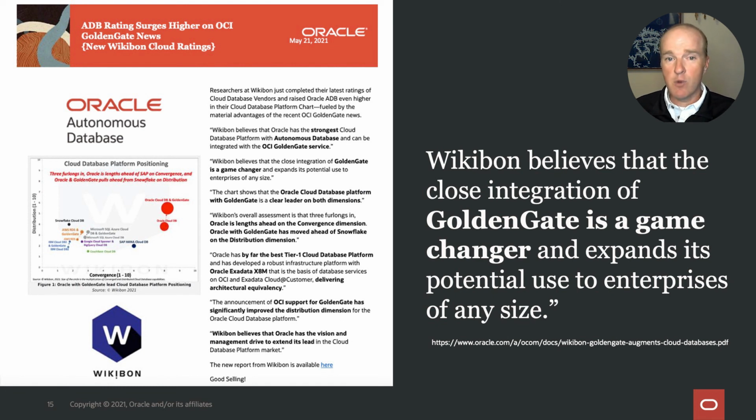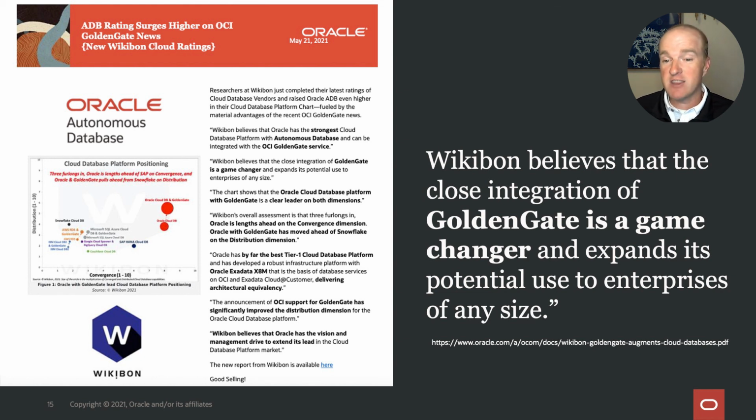One of the really great things, so we released back in April, and we were able to see how OCI GoldenGate would start changing the view of customers and analysts of what we can do. And this was really great feedback that we got from Wikibon and analysts. This is actually on autonomous database, but we can see how the release of OCI GoldenGate was able to move autonomous database up in the rating.